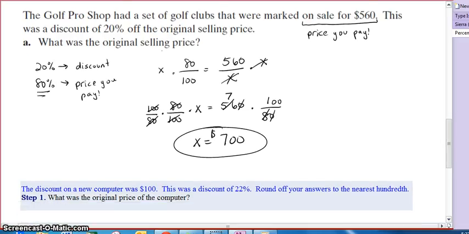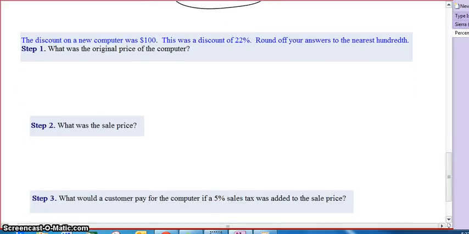Okay, let's try some more. The discount on a new computer was $100. So $100 is not the price that you're paying. This is the discount. This is how much was taken off the price.